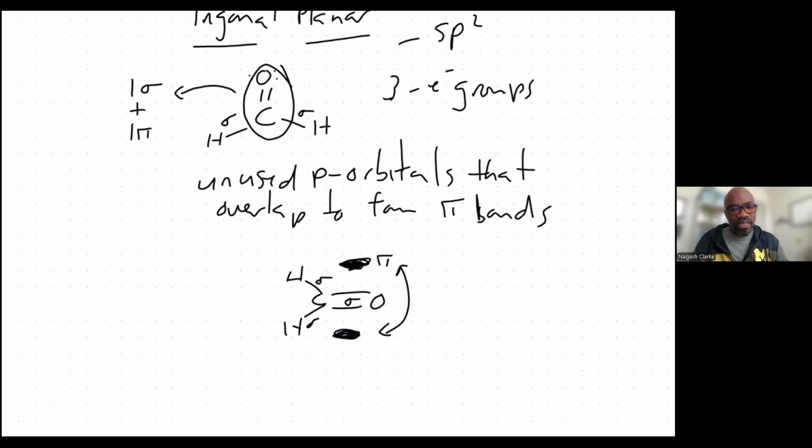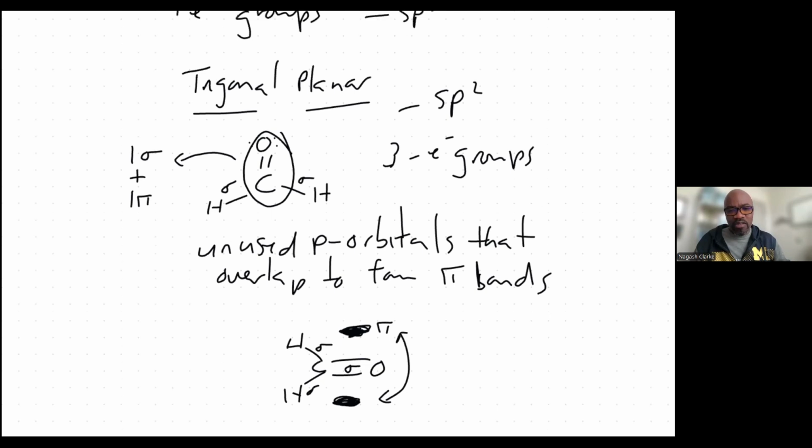So anytime you see a double bond, think there's one pi bond and one sigma bond. And the hybridization, the bonding occurred because there was an overlap of atomic orbitals, one s and two of the p's, to form your hybrid orbitals that overlapped with the other atoms to form bonds.